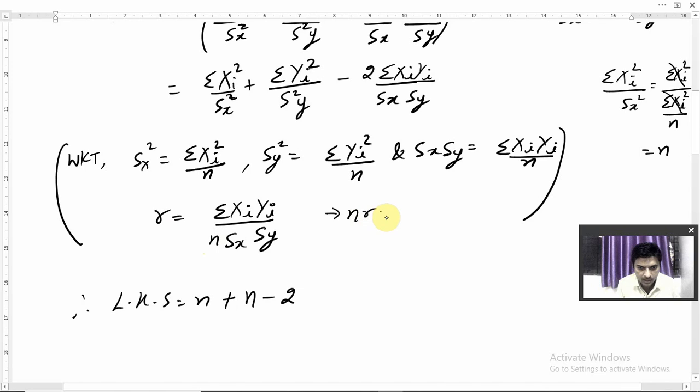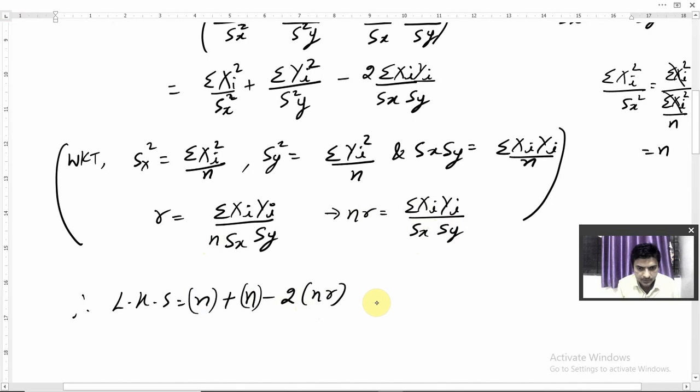So this is nr is equal to summation xi yi divided by sx sy. This I will substitute here, you will get nr. So all the values are simplified. Now you can simplify this. What is common in these ones?